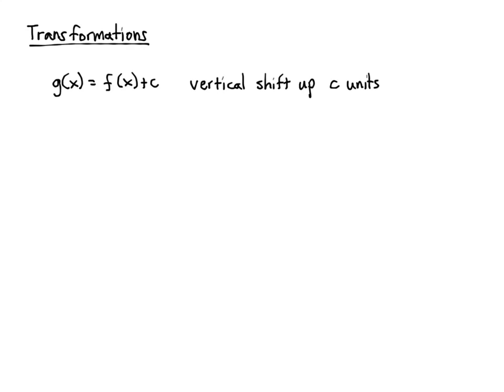And it's not important that you know the fine points between the words. You can call these transformations and be absolutely fine. So if we're going to add something to the function, like this was the case where we had h at x in the last slide, we're just moving the whole thing up or down. We're moving the graph basically c units up when we add c, a constant, to it.